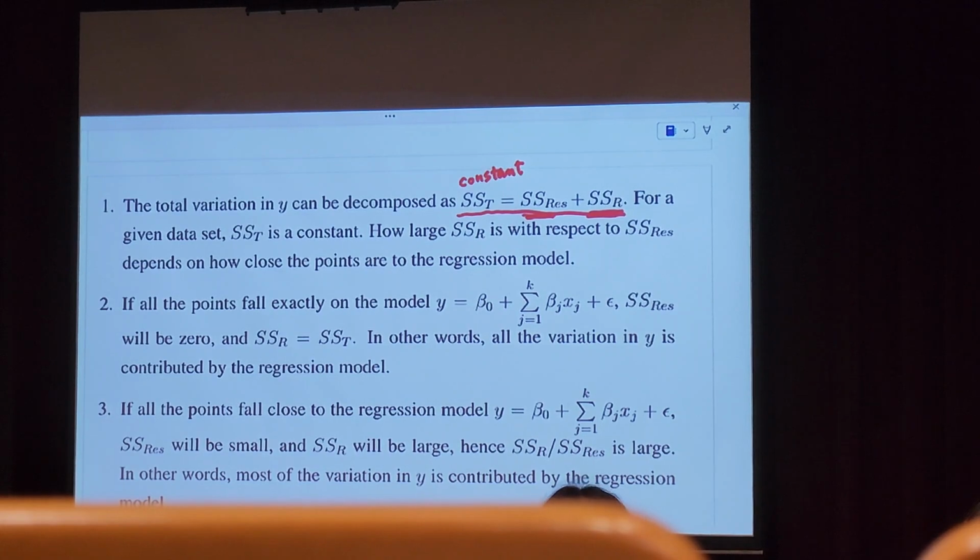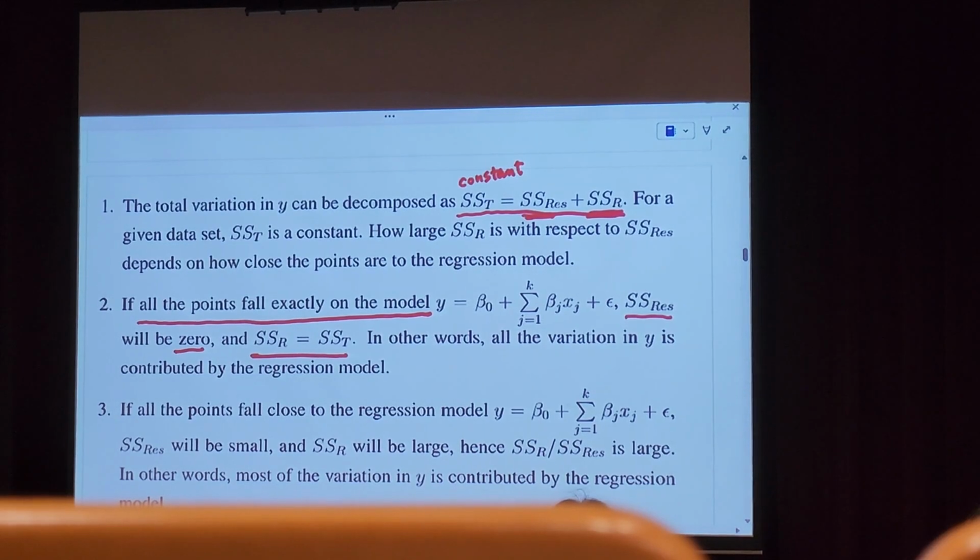So let's look at situation 1. All the points fall exactly on the regression line. Then the residual sum of squares is 0 because there's no residual.